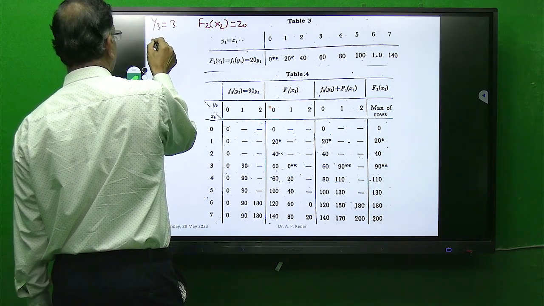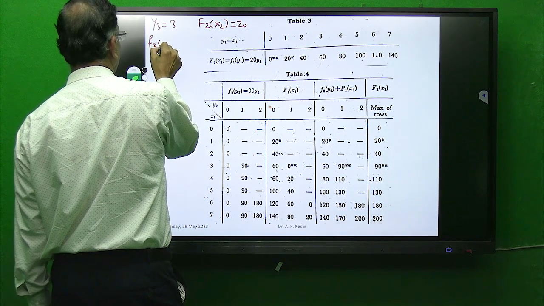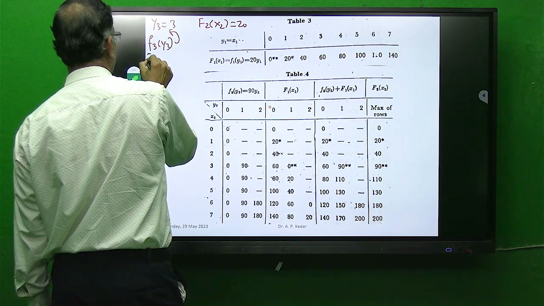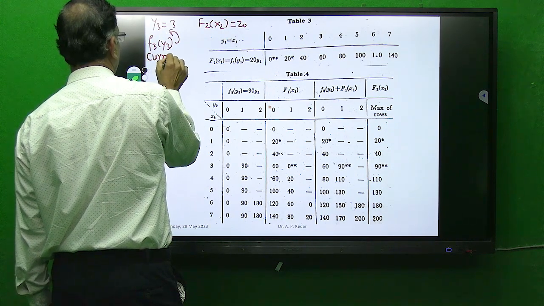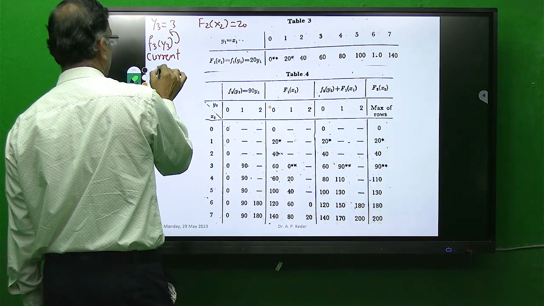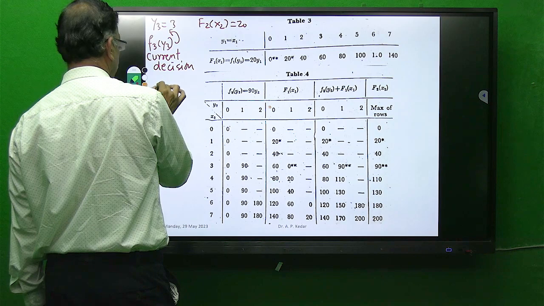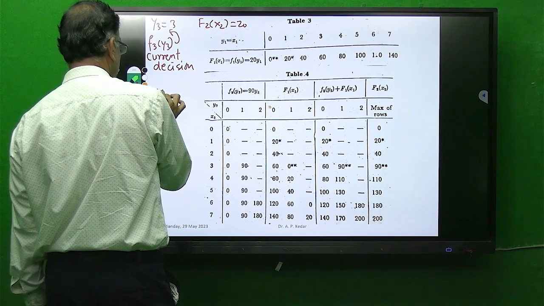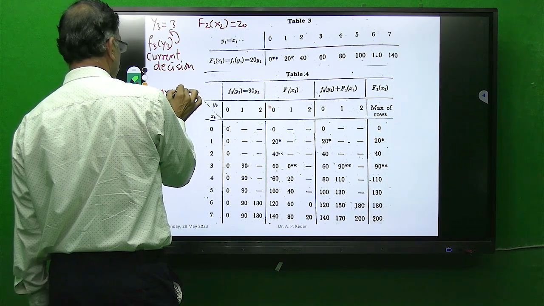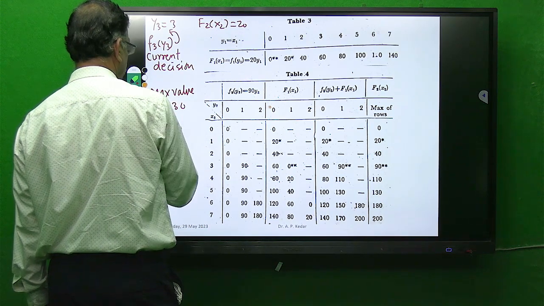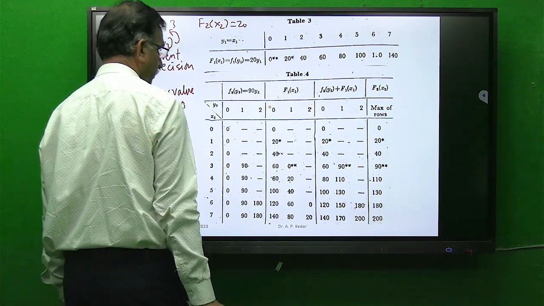This y3 was 3 for F3 y3, which was the current decision, and we know that the max value was 230, that we know.